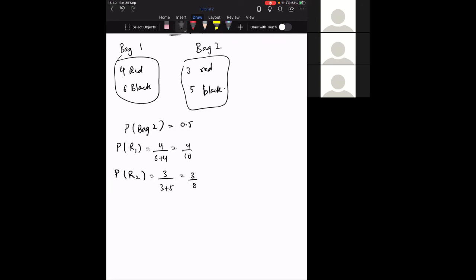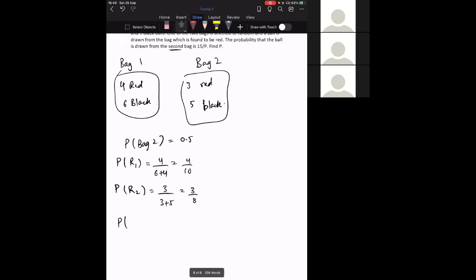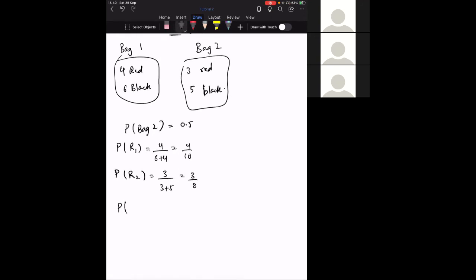So now what do we want? We're given that the ball is red, right? We want the probability of the second bag. So R2 given that the ball itself is red.